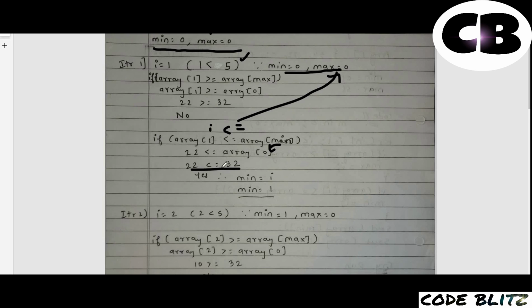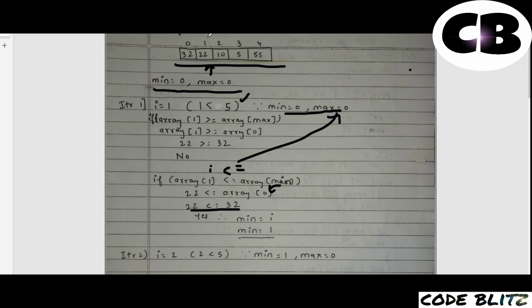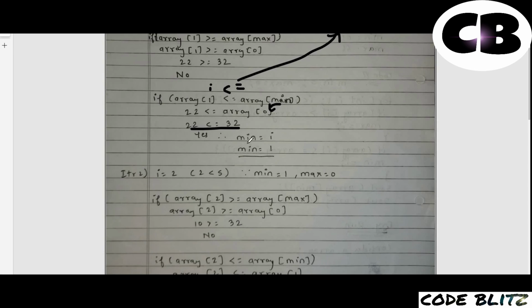So 22 is less than or equal to 32. Condition satisfied, it means that our current element is less than the minimum element, therefore we need to update our minimum element. Now our new minimum element will be present at index 1. So you can see out of these two we are comparing, the min element is present at index 1, so we will update our min to 1.